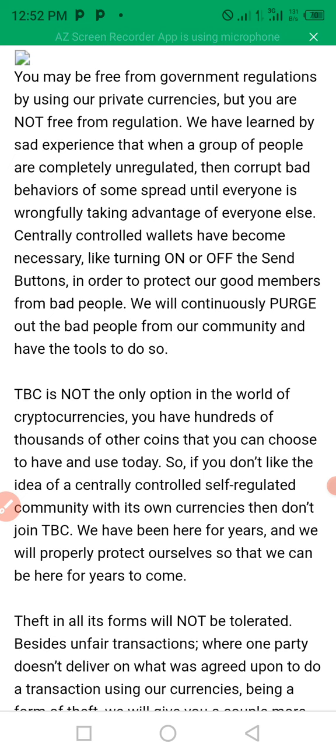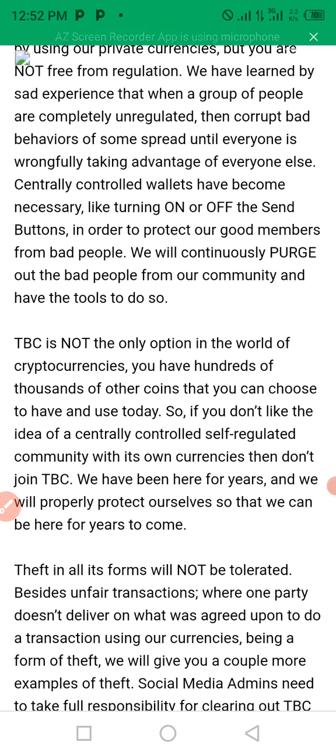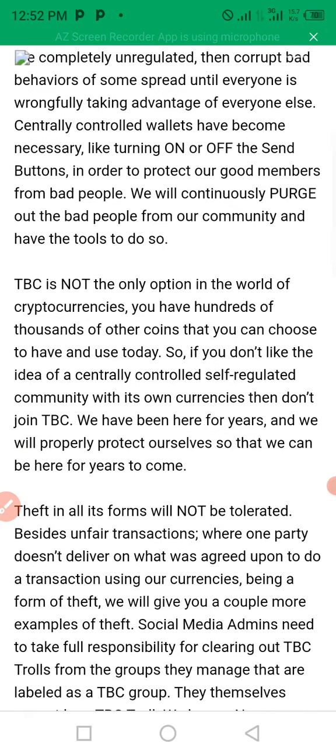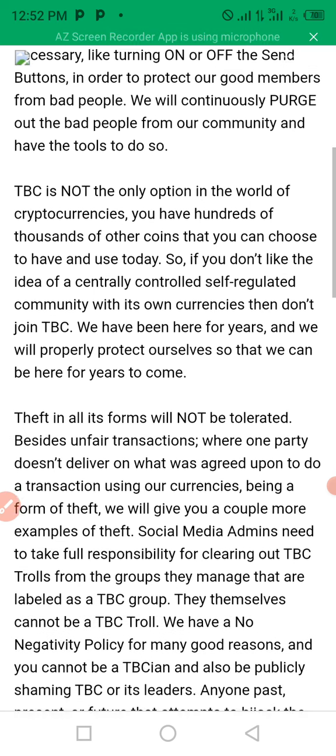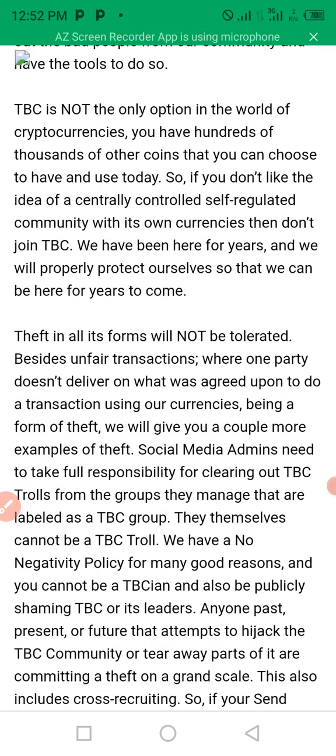Centrally controlled wallets have become necessary, like turning on or off the send button. In order to protect our good members from bad people, we will continuously purge the bad people from our community and have the tools to do so. TBC is not the only option in the world of cryptocurrency. You have hundreds of thousands of other coins that you can choose to have and use today.